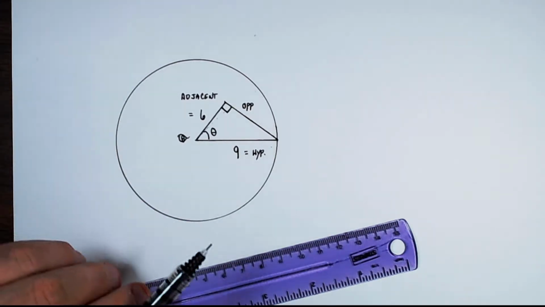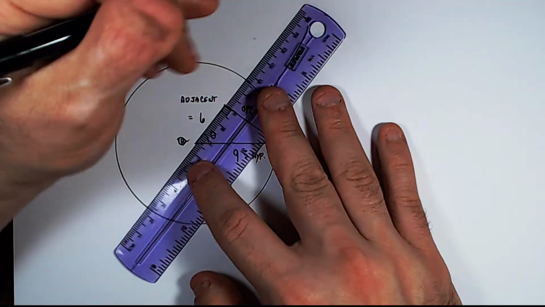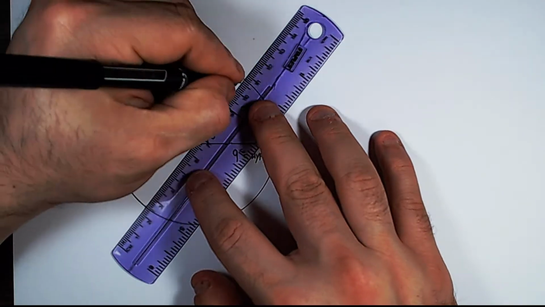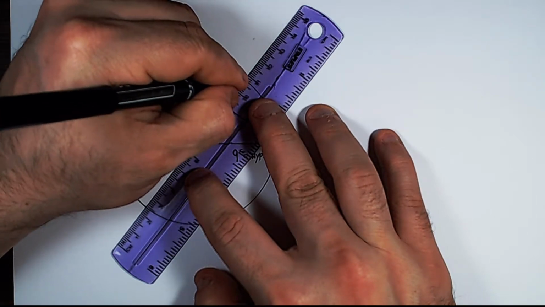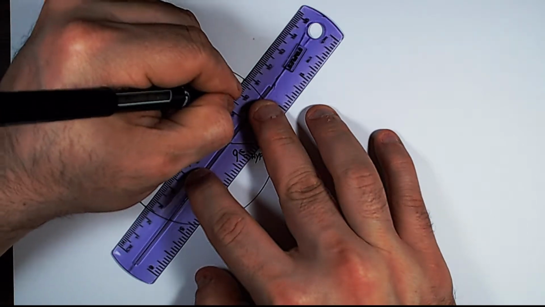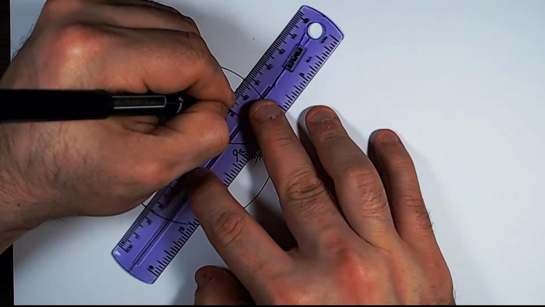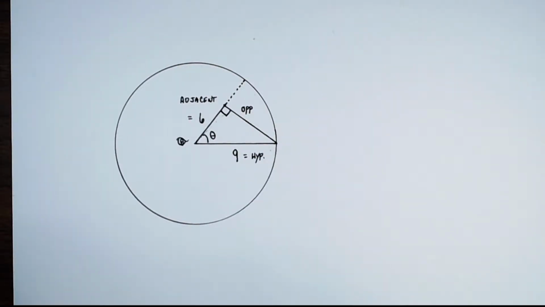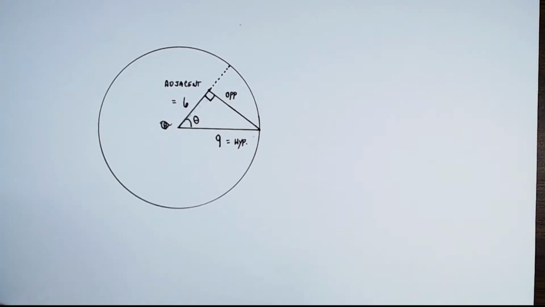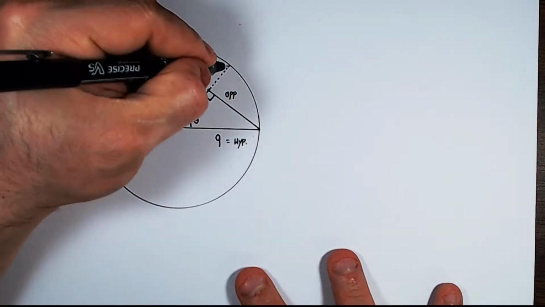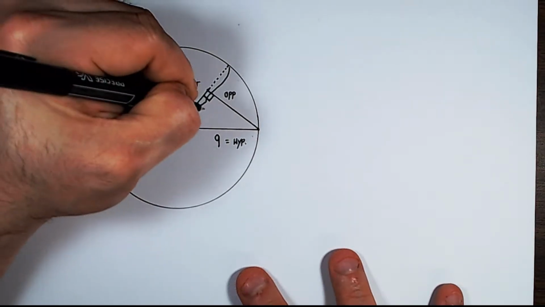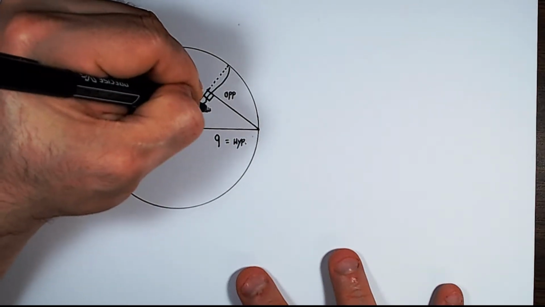Okay, now that we've done that, take your straight edge and lay it against the adjacent side, and then put a dashed line between the edge of the circle and the vertex of the right angle. Now the reason I did that was to show that this whole length right here together is the radius. So this is the radius.